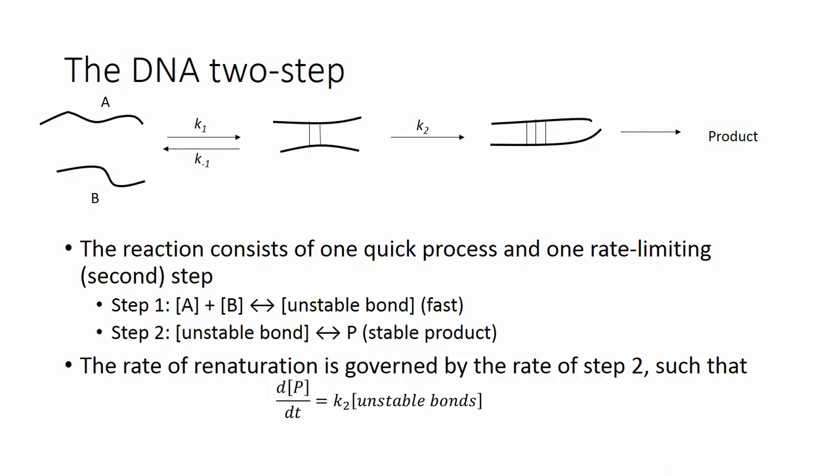The rate of renaturation is governed by the rate of step two, the tentatively bound DNA molecule becoming the more stably bonded DNA molecule with three bonds, such that the change in the amount of product over change in time is equal to K2 times the concentration of unstable helix.